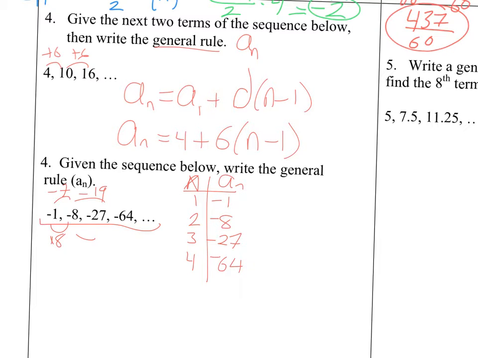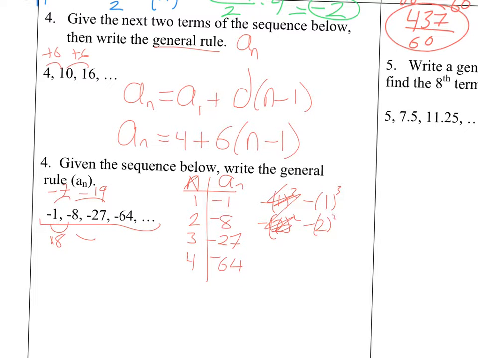Multiplying and adding don't work. What about powers? Well, maybe negative 1 squared gives me negative 1, or negative 2 squared is negative 4. Okay, that doesn't work. What about third power? Negative 1 cubed, that's negative 1.